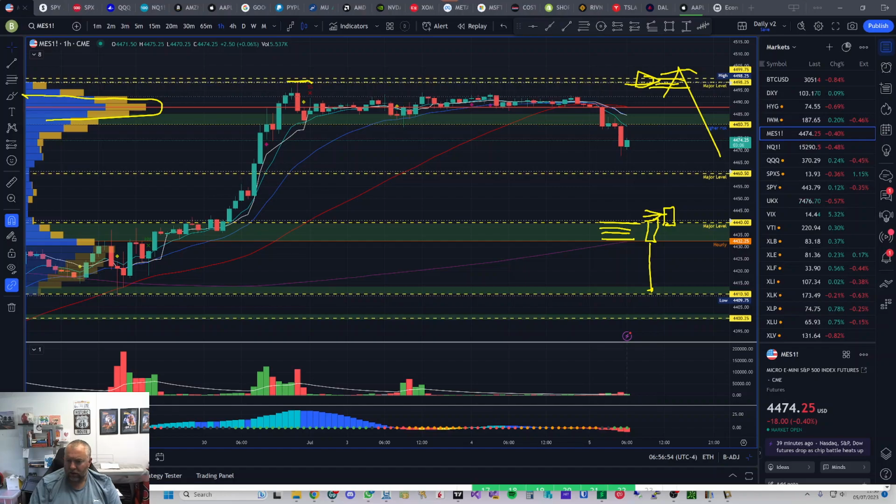Then in theory we might see a smaller candle, and then the candles will get larger as we're gaining momentum on that bounce. So that's what I'm watching.